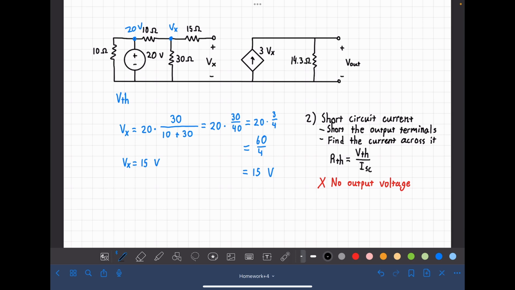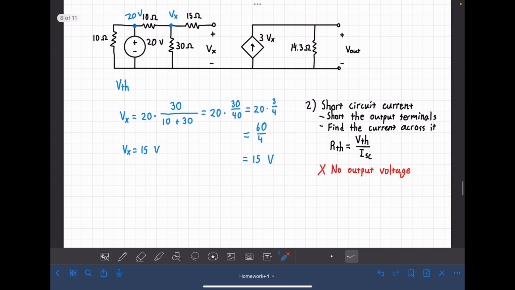And our voltage here will be equal to our current times the resistance right here. So that is 3 Vx times 14.3.